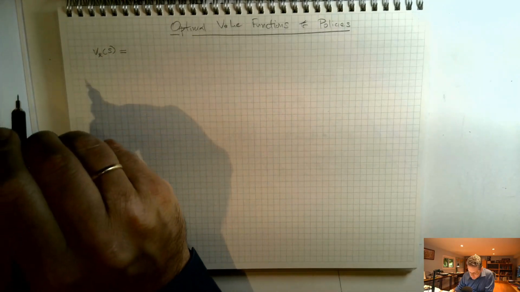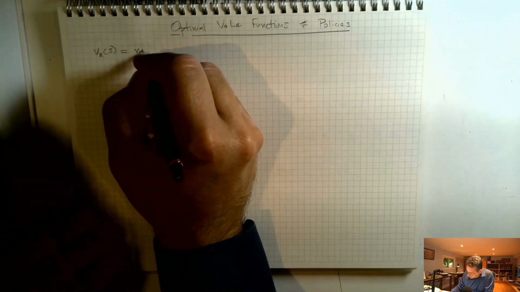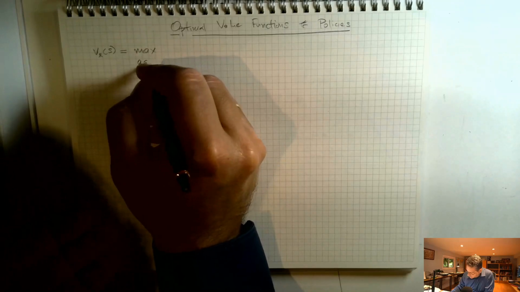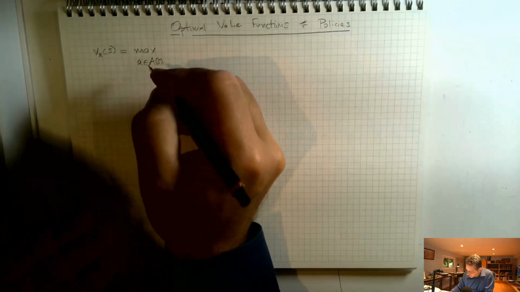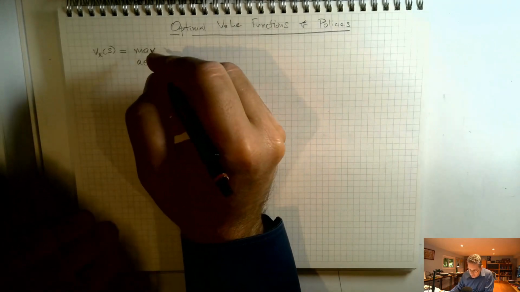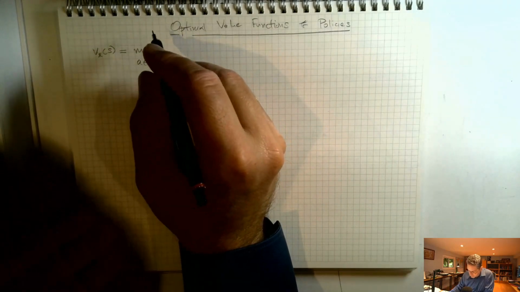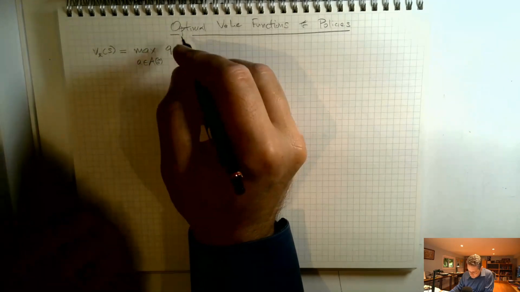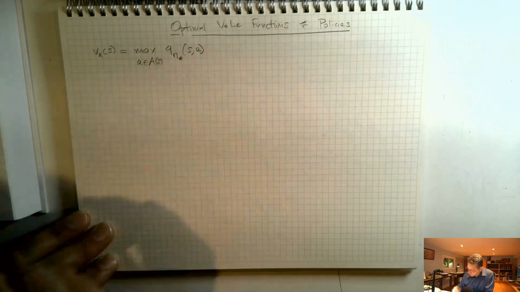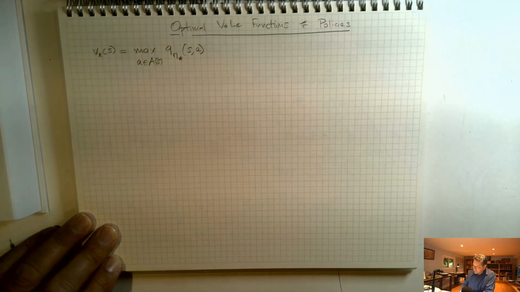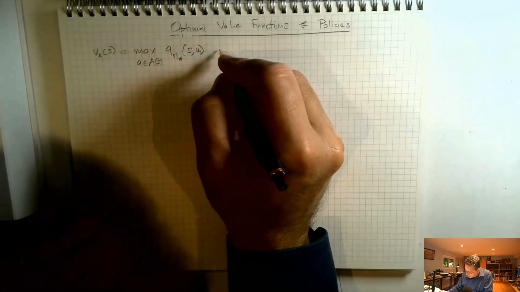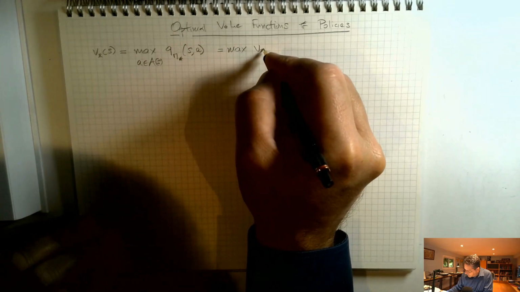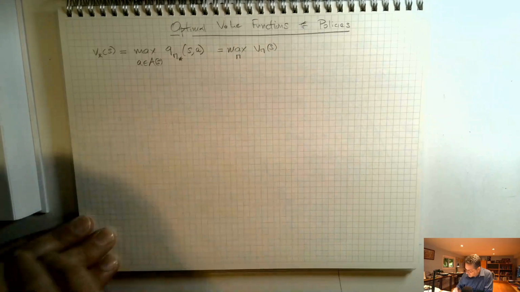We are definitely going to have a max operator over all actions that belong to the set of actions for that state, of Q pi star of S comma A. This makes sense, and of course it is identical to the maximum of V pi of S across policies pi.